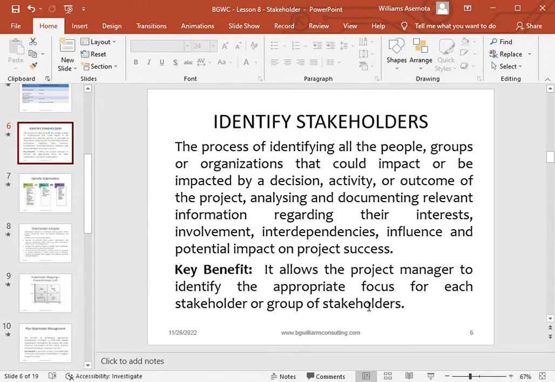So the key benefit of identifying your stakeholders is that it allows the project manager to identify the appropriate focus for each stakeholder or group of stakeholders. So what does that mean? When you identify all your stakeholders, it gives you the opportunity to beam your light and ask, out of all these stakeholders that I have identified, which of them are the key stakeholders? Which of them has the decision power? Which of them has greater influence?